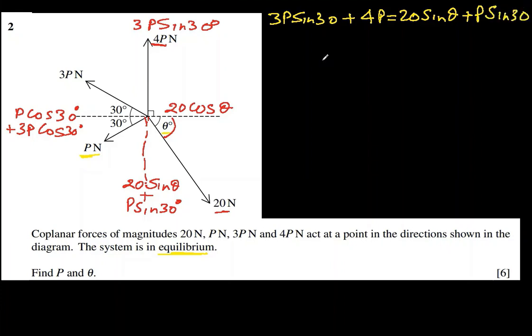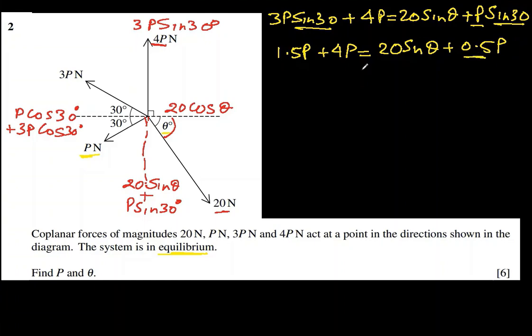Sine 30 is half, so let's use that. This is half, so it becomes 3 times half, 1.5P plus 4P equal to 20 sine theta, and this becomes half again, 0.5P.